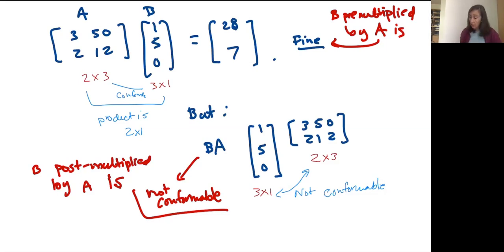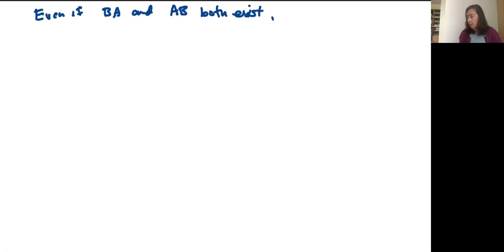Okay, so let's look at an example of that. Even if BA and AB both exist, in general, they're not equal. AB is not equal to BA.